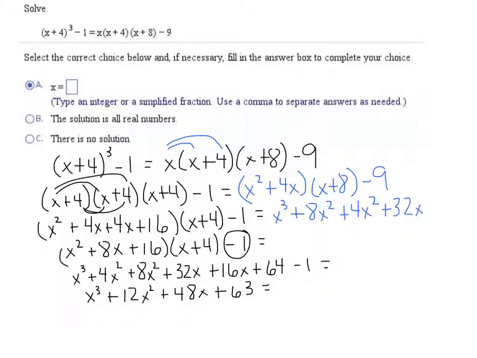And then I have the minus 9. So that, when I collect all my like terms, I'll have an x cubed plus a 12x squared plus 32x minus 9. And I'll go ahead and write that down here, and we can see what we're going to do here.